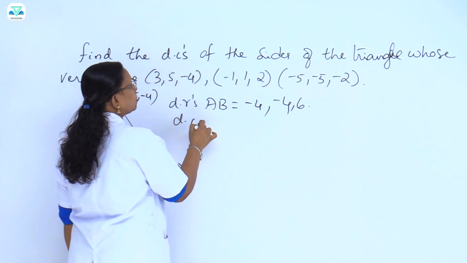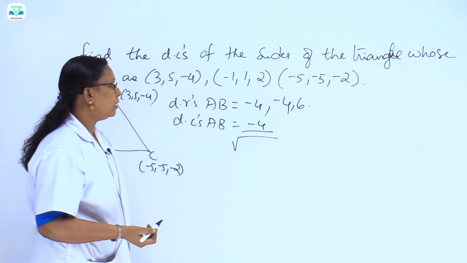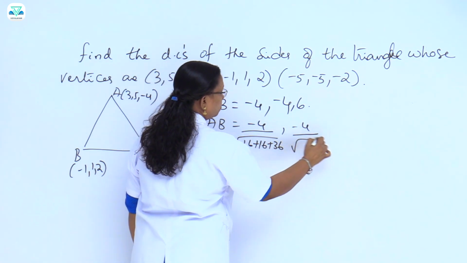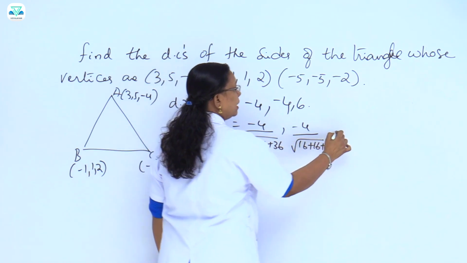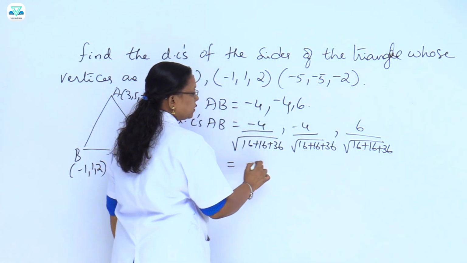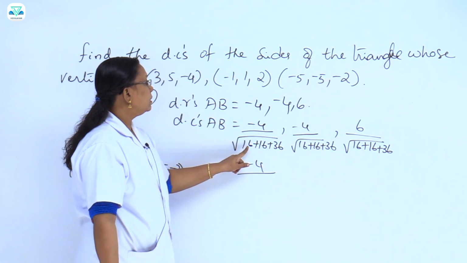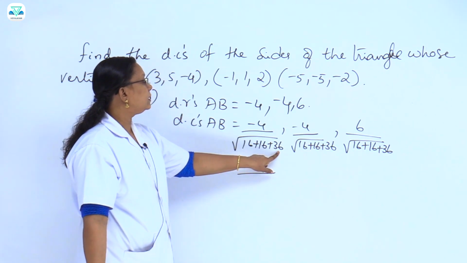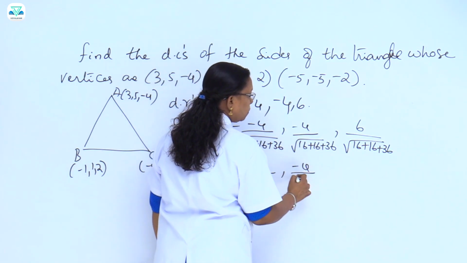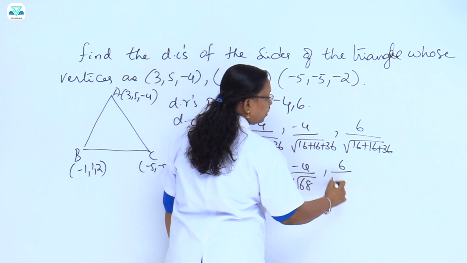So what are the direction cosines of AB? Minus 4 by root of 16 plus 16 plus 36, minus 4 by root of 16 plus 16 plus 36, and the last one 6 by root of 16 plus 16 plus 36. 16 plus 16 is 32, 32 plus 36 is 68, root 68. So minus 4 by root 68, minus 4 by root 68 and 6 by root 68.